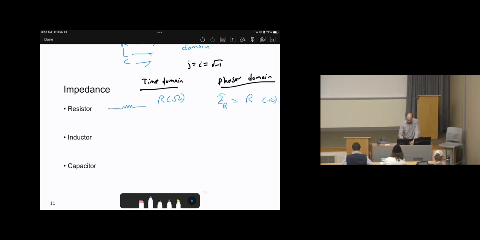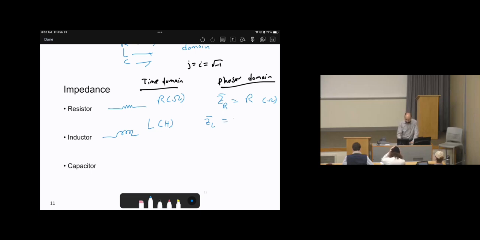How about the inductor? This is the symbol of the inductor. So L, which is in Henry. Now we need to convert this to be impedance. So we call it Z L bar. We call it bar because, again, the impedance is a complex number. So what will the value be?